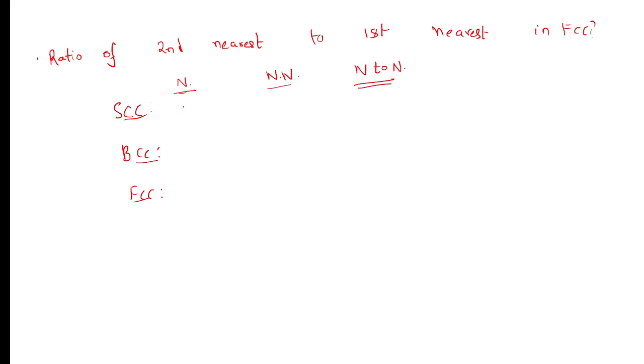So nearest is A root 2 and A root 3. Then this is the distance, and this is the number.